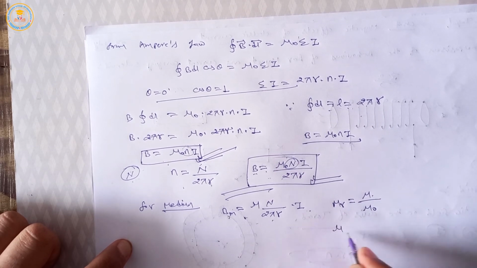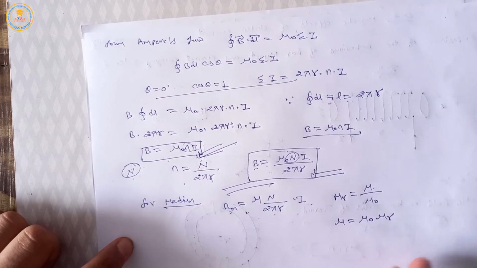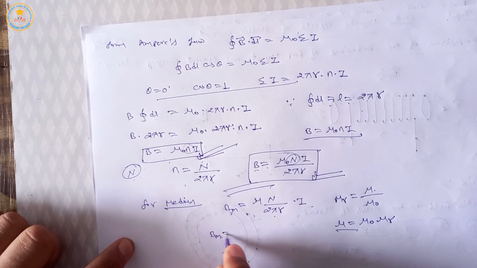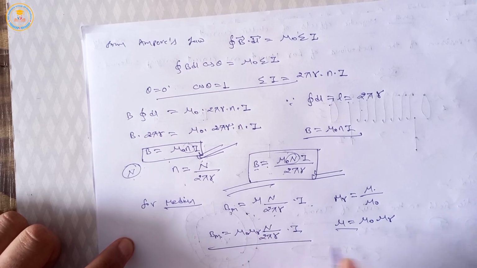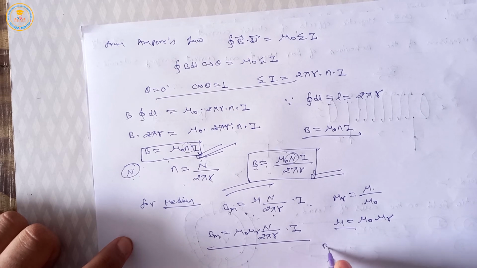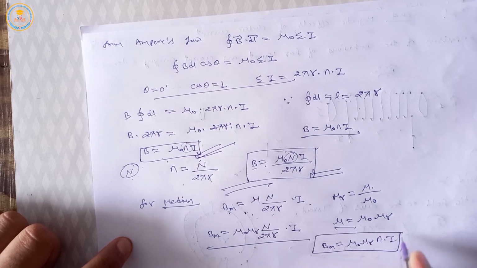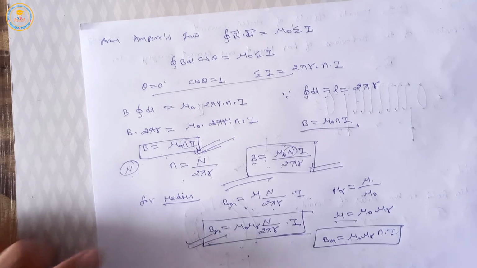From this equation, mu is equal to mu naught mu r. So put the value of mu in this equation, then Bm is equal to mu naught mu r capital N upon 2 pi r into I. In another form, Bm is equal to mu naught mu r small n into I. This is the other form for a medium.